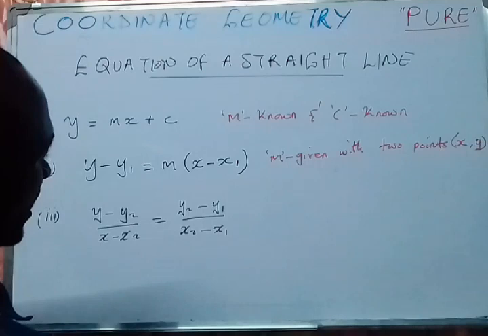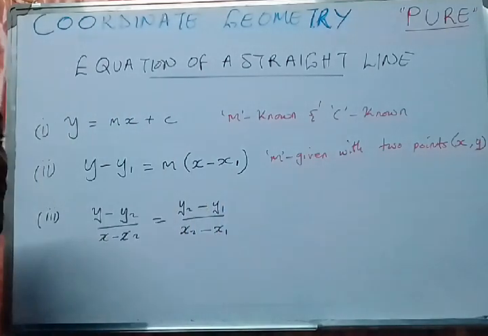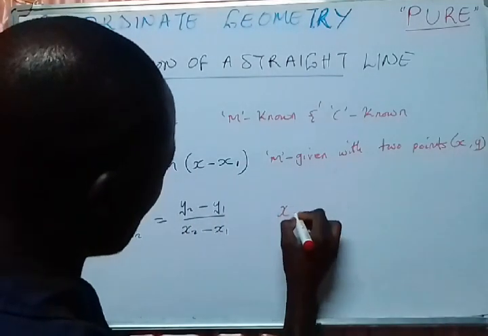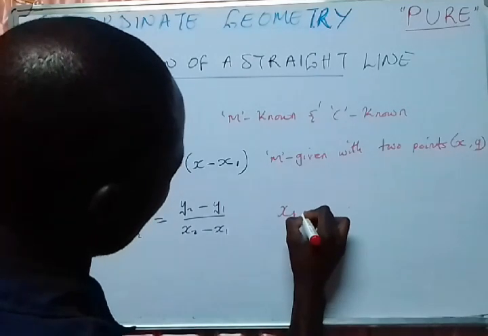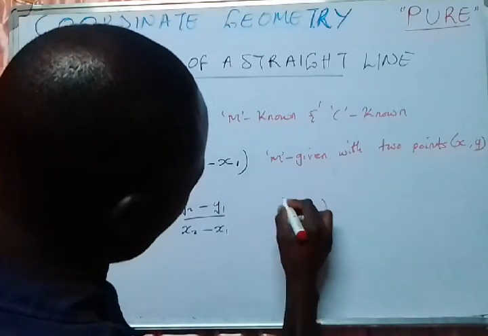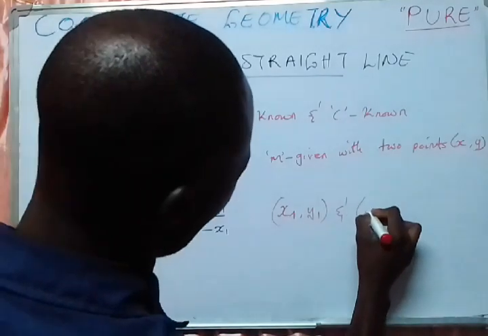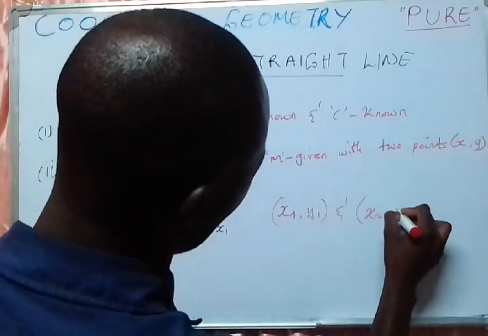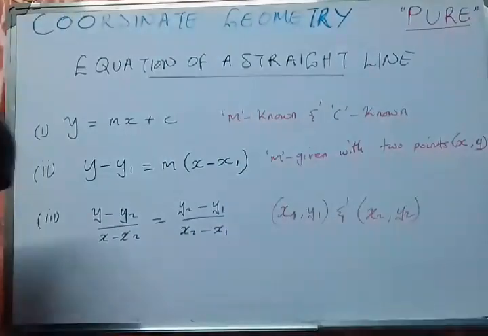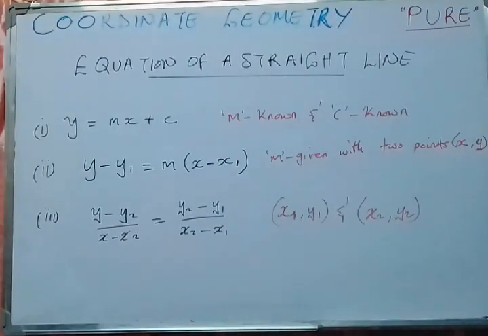Also, this third equation can be used when 2 points are given, x1, y1 and x2, y2. So these are three equations of a straight line given under coordinate geometry. Now we are going to have an example so that we may see the way we use these equations. Fine.